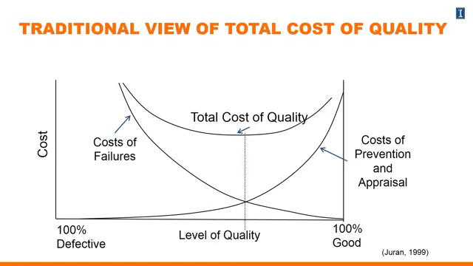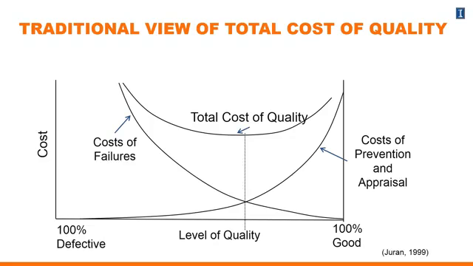Now, on the other hand, you have the cost of failures, which obviously are very high when you have a high defect rate. But as you move towards 100% good, or a smaller defect rate, the cost of failures goes down. So if you're 100% good, there's no cost of failure, right? The cost of failures includes the cost of internal and external failures.